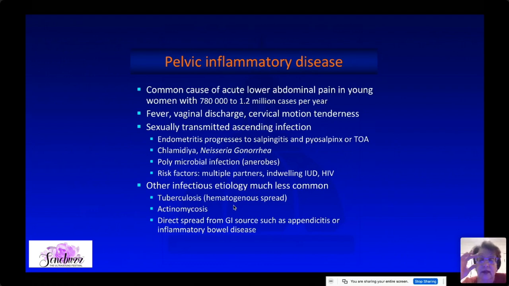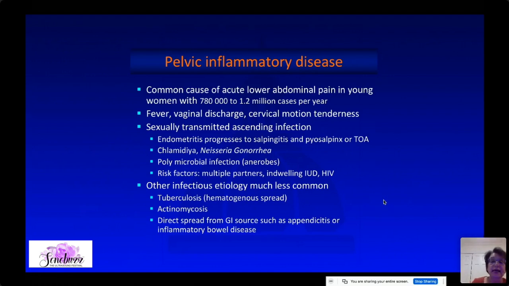The most common organisms are chlamydia and gonorrhea, but oftentimes in reality, it's probably more polymicrobial. Now, other infection, TB, is less common, but probably not everywhere in the world. It's less common in the US, and I showed you already an example of actinomycosis.